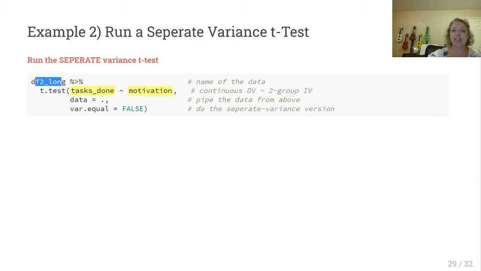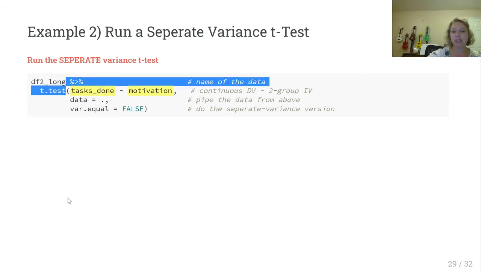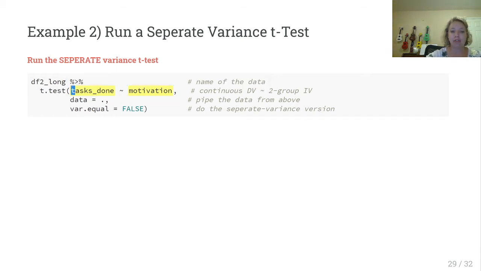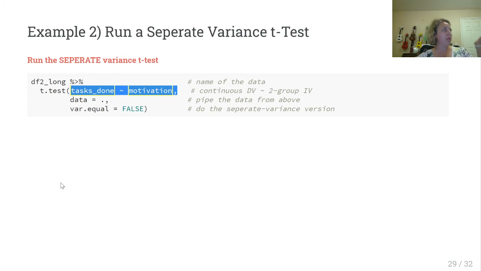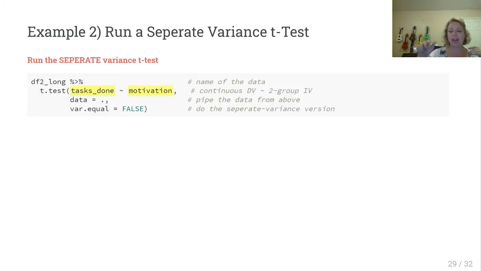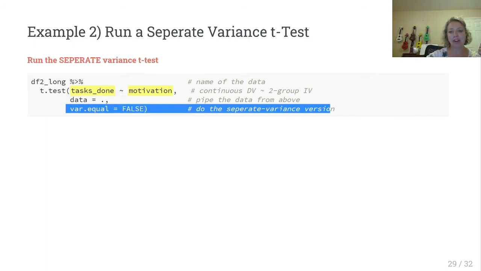We're going to start with our data set, which we're calling df2 long because it's the second example. We pipe that into t.test, base R command, give it a formula, which is the dependent variable, how many tasks they got done, and then tilde, the two-level grouping variable that says which type of motivation they had, data equals dot to flow the data set from above, and here's the part that makes this the separate variance test.